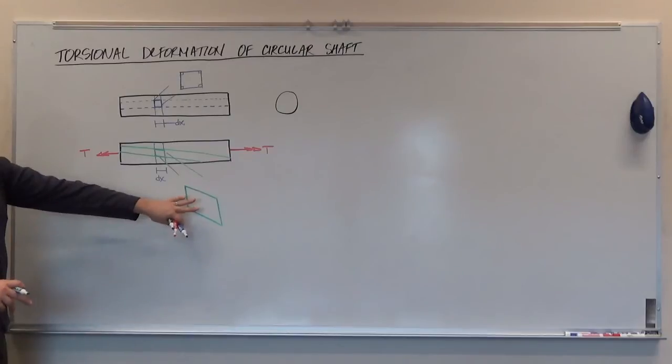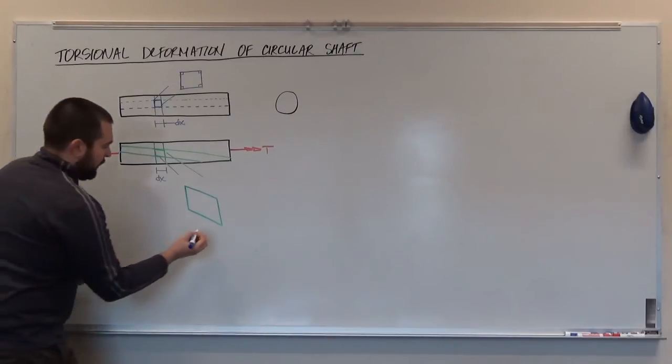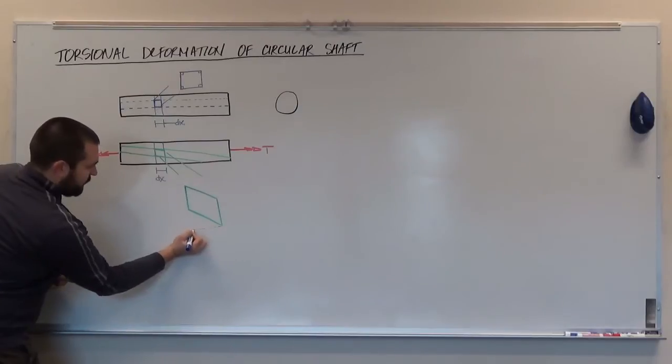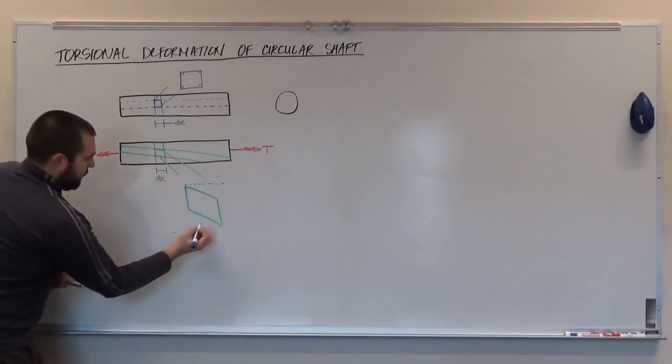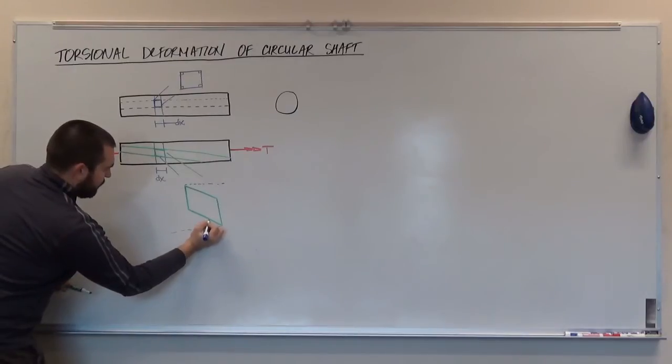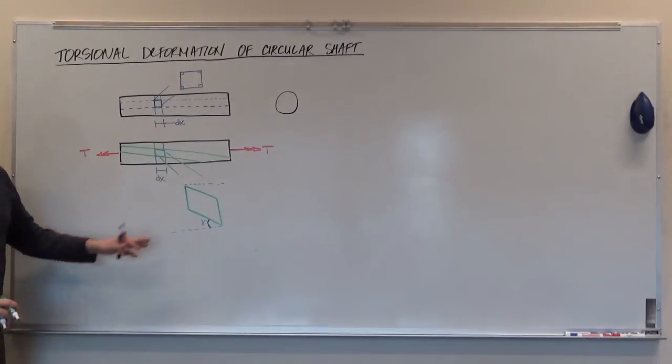And we can define how this geometry is changed by using shear strain. And if you remember from chapter 2 when we talked about strain, the way that we would define strain in this situation is I had my original 90-degree angles, and the shear strain is simply going to be that actual change in angle. Okay?